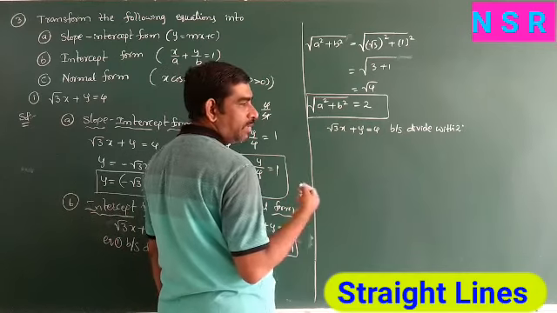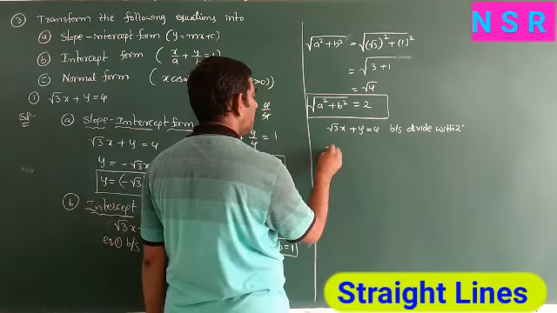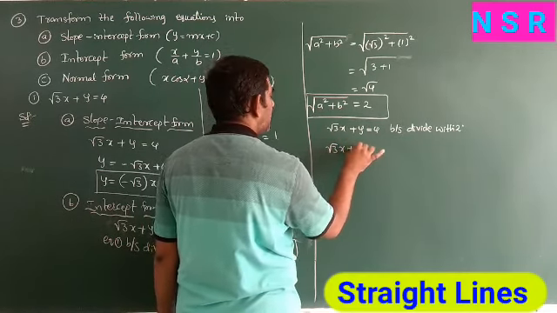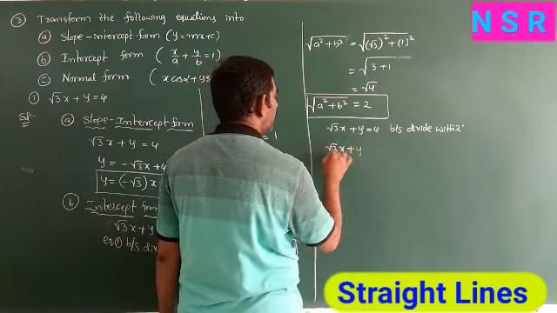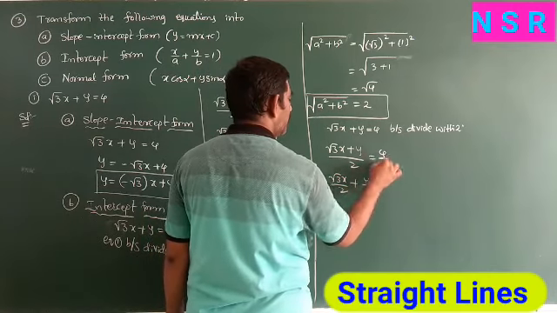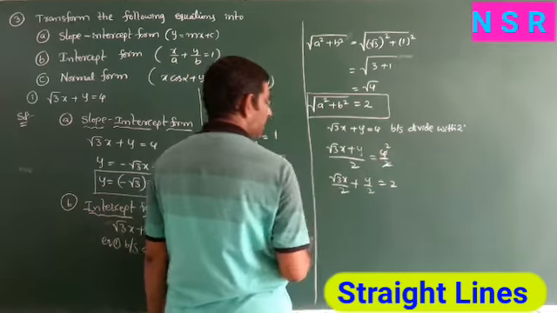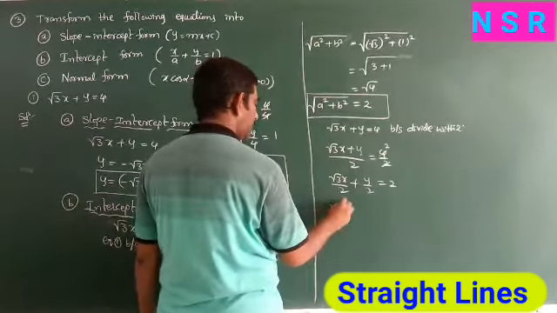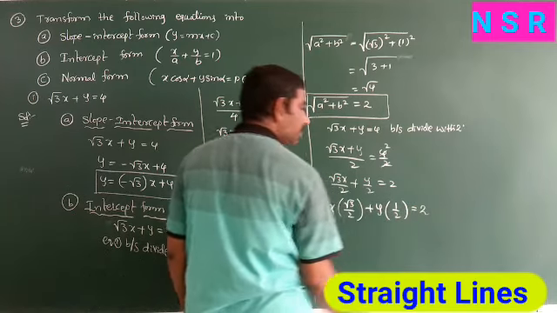Now the straight line equation changes into normal form. Now root 3x plus y by 2 is equal to 4 by 2. Separate the terms: root 3x by 2 plus y by 2 equal to 2. Now x into root 3 by 2 plus y into 1 by 2 is equal to 2.